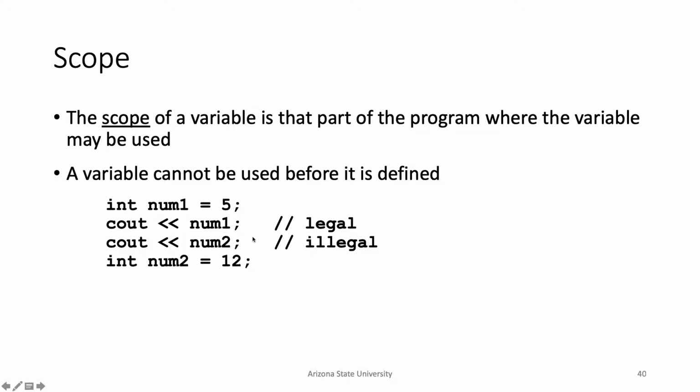And num2 is having an issue because I'm trying to use the variable num2 before I declare it down here. So the scope of num1 is from line 1 down, and the scope of num2 is from what line to where? Line 4 in this example, and down through the rest of the program. Okay, does that make sense? There's an expanded definition of what scope actually means, but we're not there yet. It's just from where it's declared all the way down.